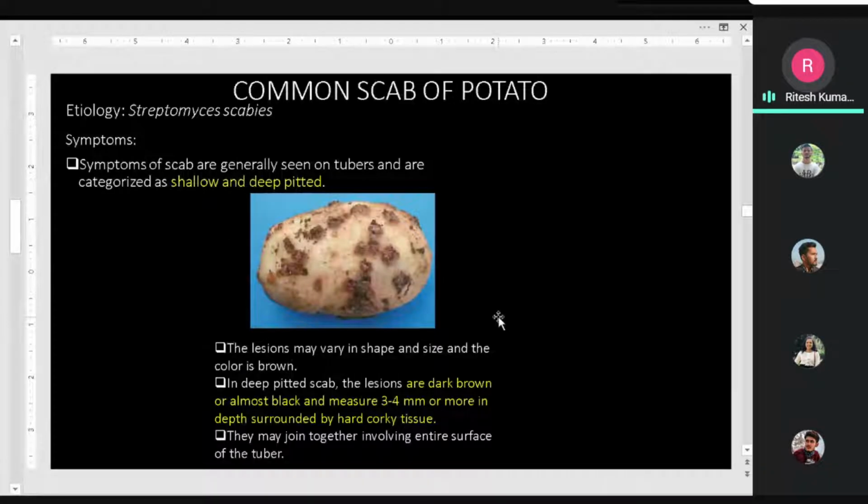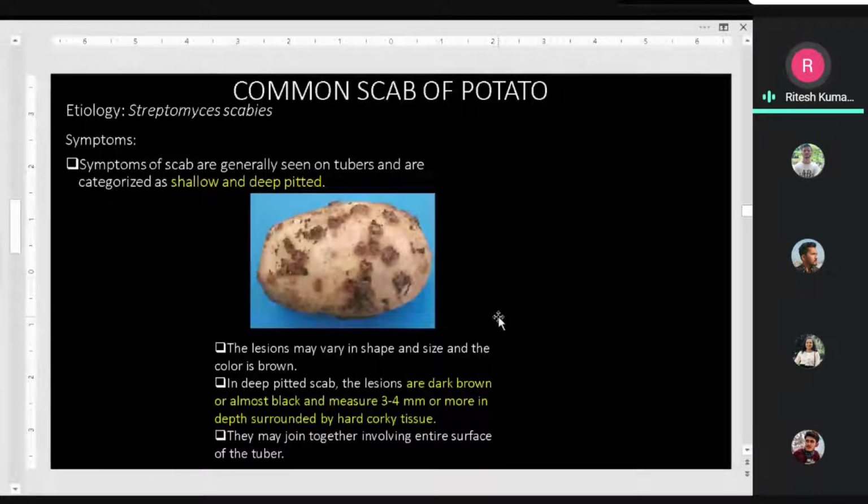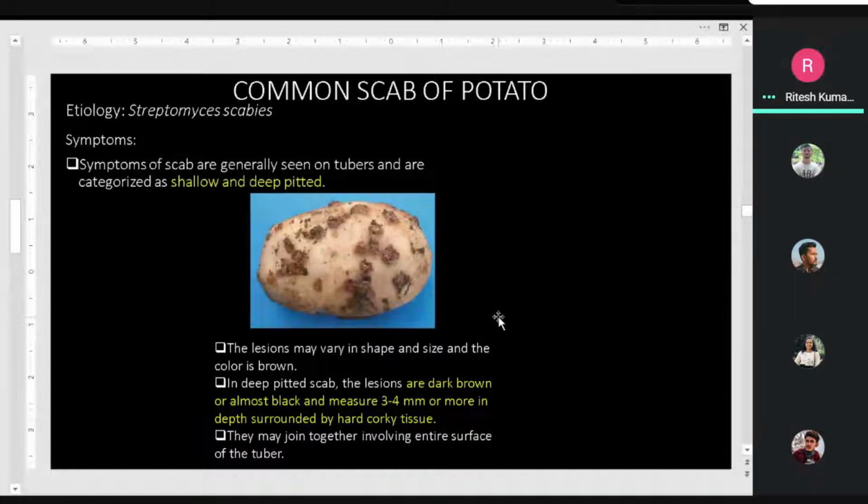So the next important disease of potato is common scab of potato. There are a variety of symptoms of scab. Generally this common scab is more problematic in the plains, in the Tarai region, where there is a problem of high pH, or when the soil is alkaline, because this is favored by alkaline soil conditions.